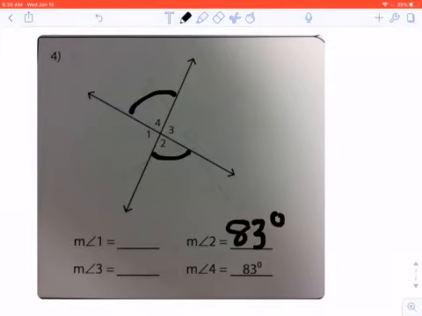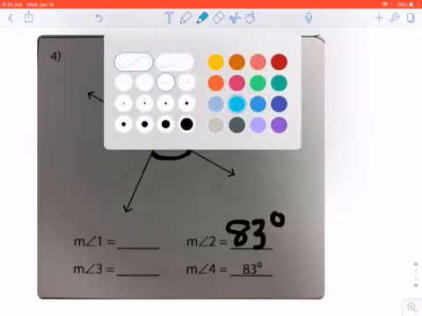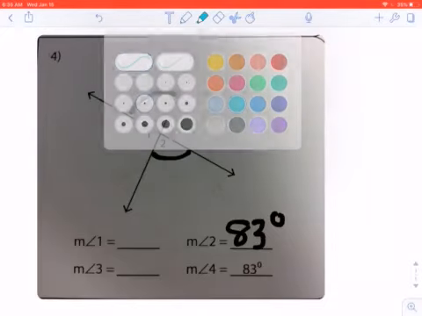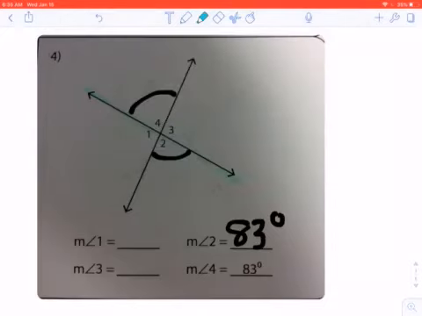Now, this is an interesting setup because this is what happens here. This is a straight line right here. Straight line. Straight line equals how much? 180 degrees. So that means that angle 4 and 3 should equal 180 degrees.